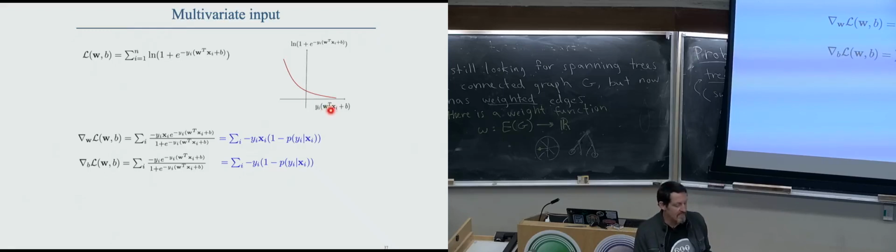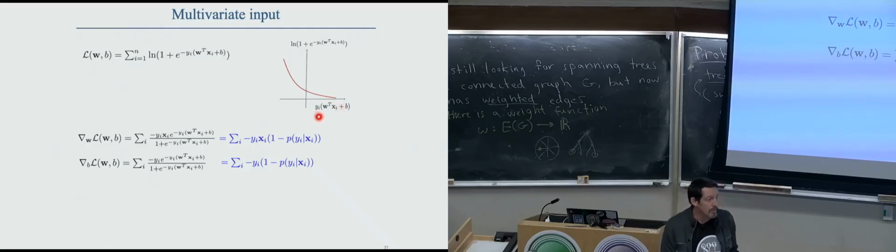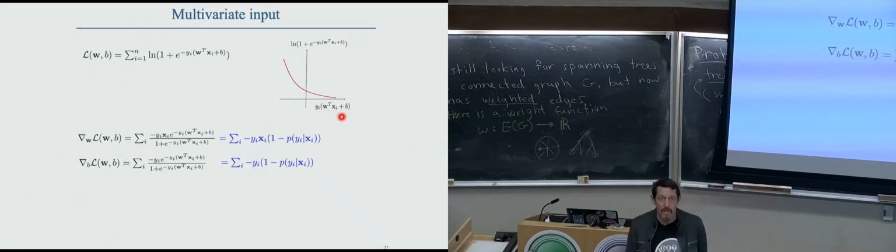This is the distance away from the decision boundary. When you are far away from the decision boundary, in the proper direction, that's what the yi part does, right? When you're on the right side of the decision boundary and you're far away from the decision boundary, your loss approaches 0 asymptotically.